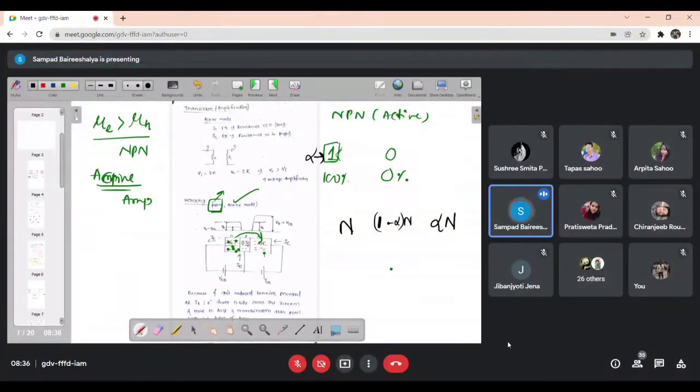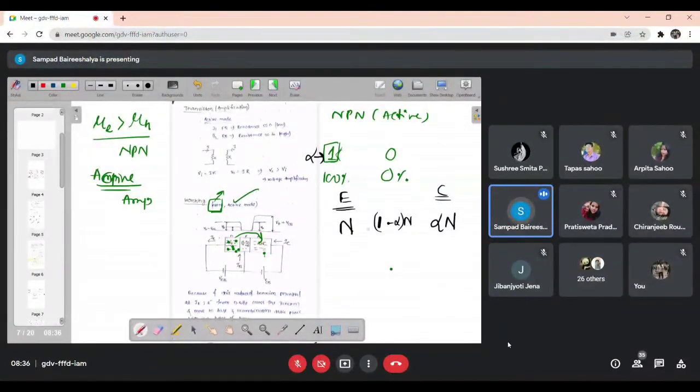In the similar manner, just think if emitter has n number of carrier, so at the collector you need most of the carrier. Most of the carrier should be collected over this collector terminal. So that's why alpha, because alpha is towards 1. Okay, and very less means if alpha is coming over here, then 1 minus alpha will be recombined, and if alpha will be more, 1 minus alpha will be very less.